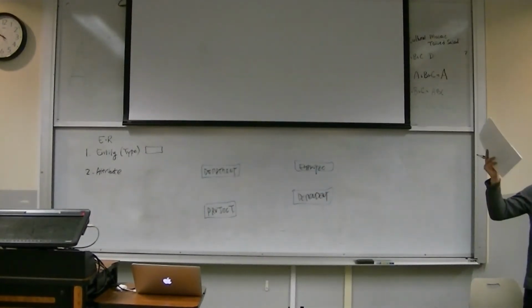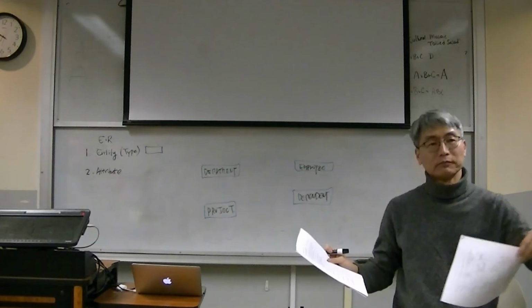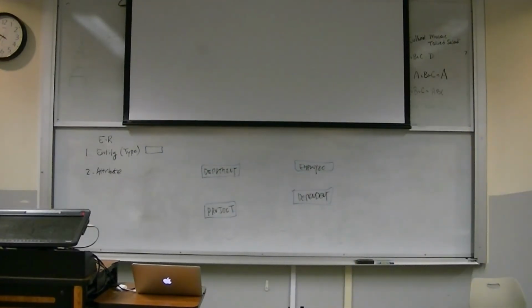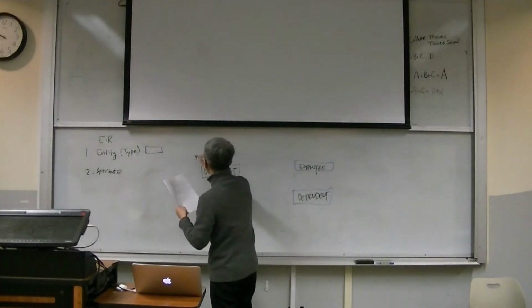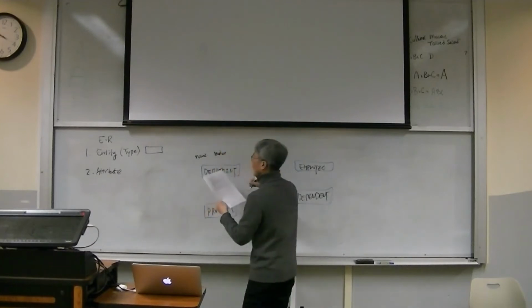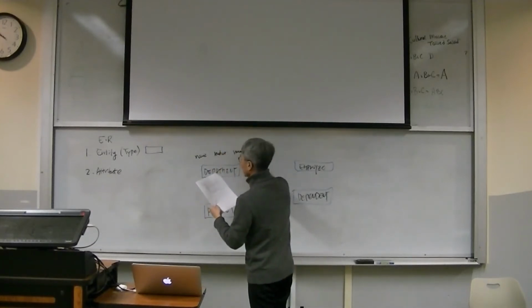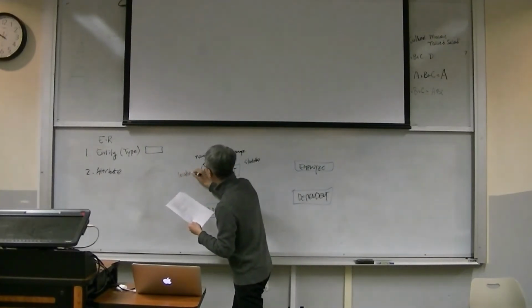Anyone who does not have the handout? So, for example, the first, the department has the name, the number, and the manager, and the start date of the manager, and the department has several locations, like this.